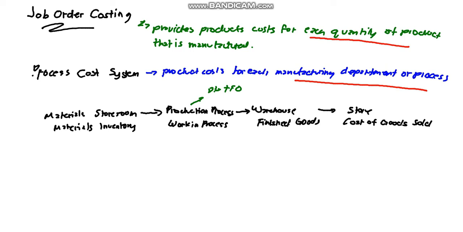In a job order cost accounting system, perpetual inventory controlling accounts and subsidiary ledgers are maintained for materials, work in process, and finished goods inventory.